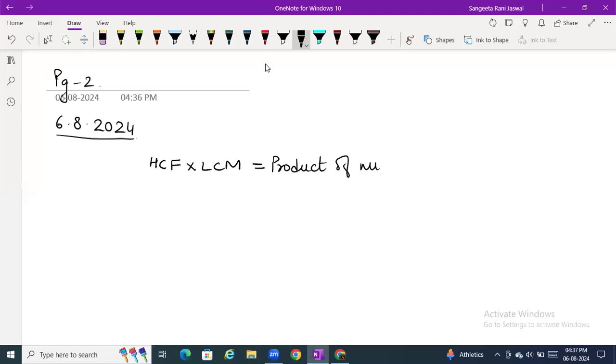Whatever two numbers we are taking, the product of those two numbers.